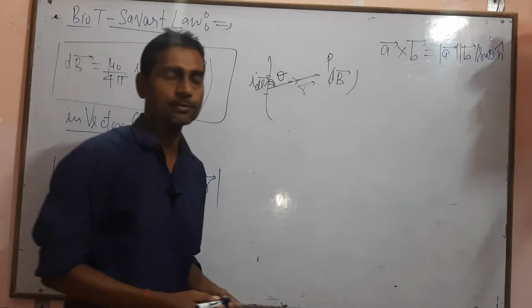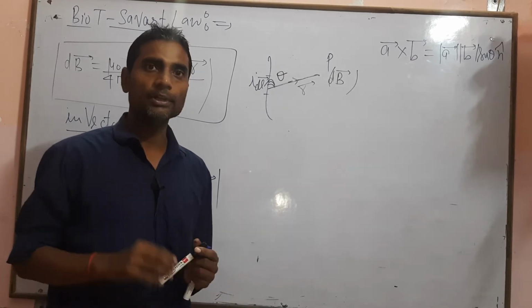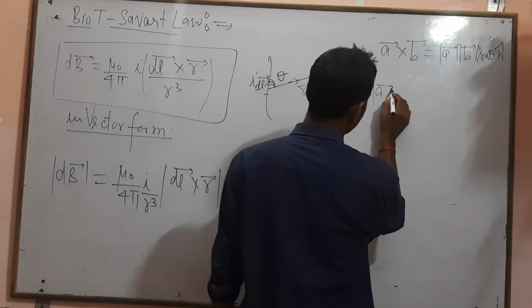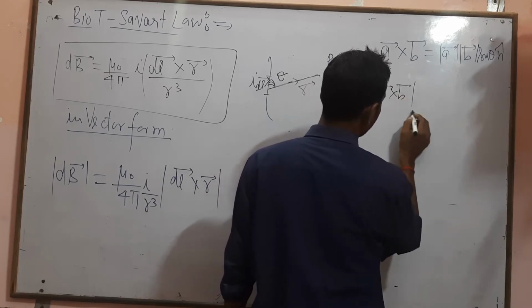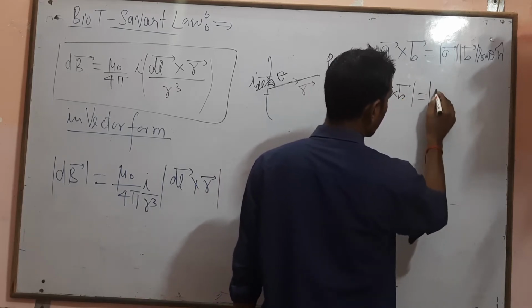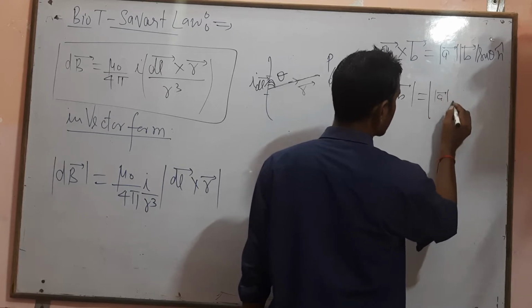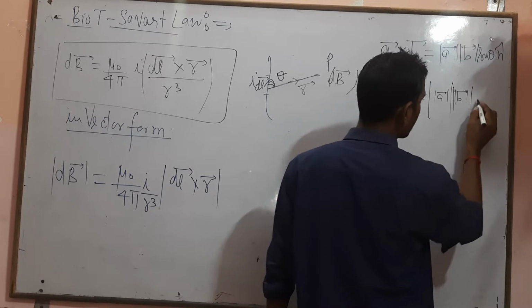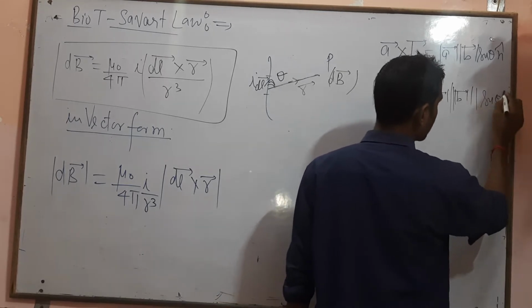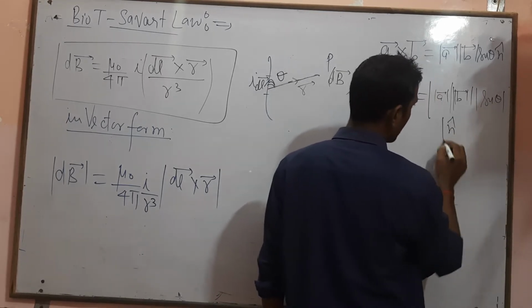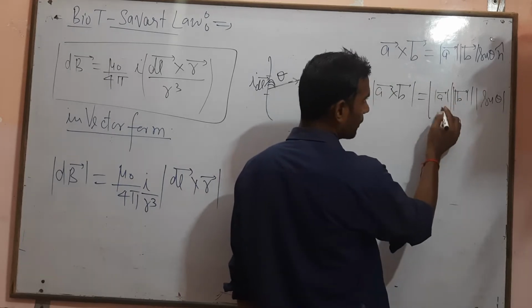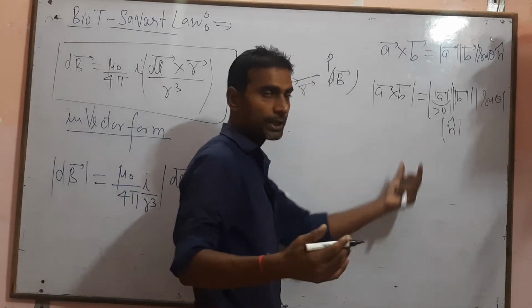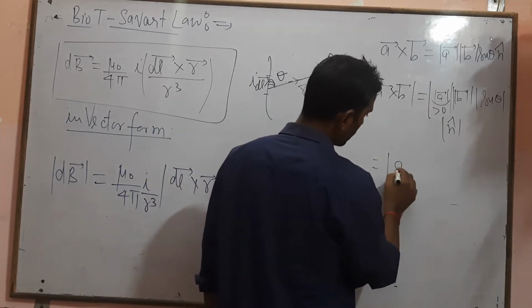This is A cross B. We need the mod of A cross B. So taking mod on both sides, mod of A cross B equals mod of A, mod of B, mod of sine theta, and the mod of n cap. Mod of A is a positive number, so we can take out the modulus of A only.